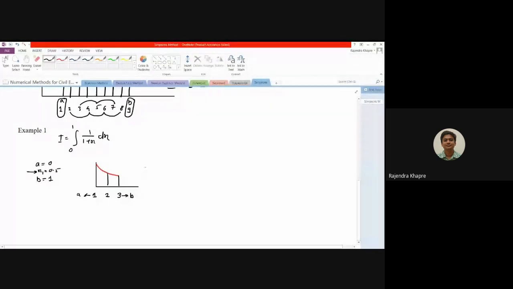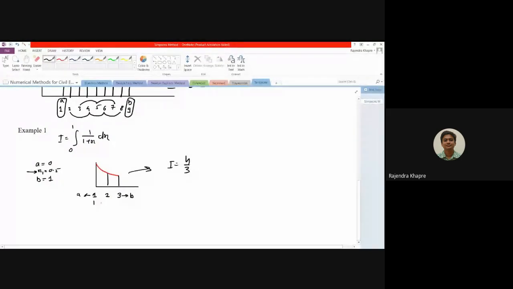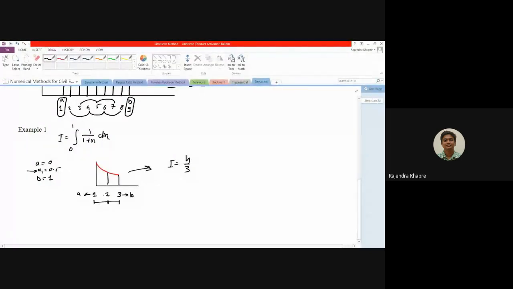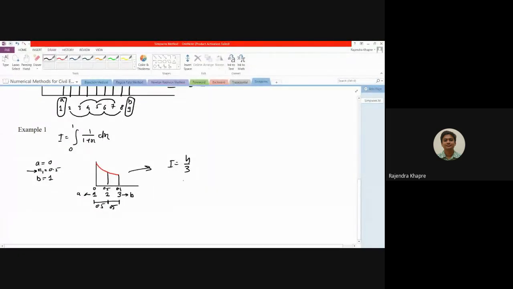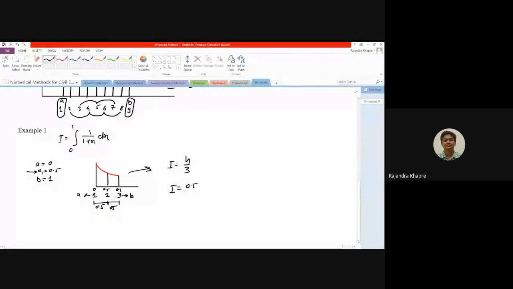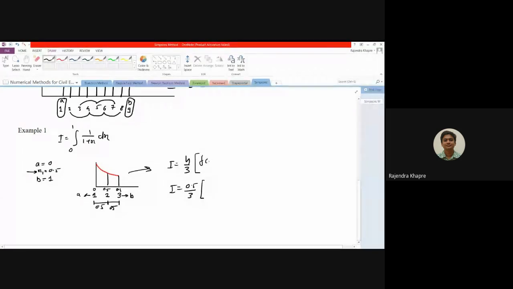As far as this part is concerned, your I is nothing but h by 3, where h is the distance between two consecutive values. Here this is x equals 0, this is x equals 0.5, this is x equals 1. So h will be 0.5, and this will also be 0.5. So this I value is 0.5 divided by 3, times f of a plus 4 times t1 plus 2 times t2 plus f of b.